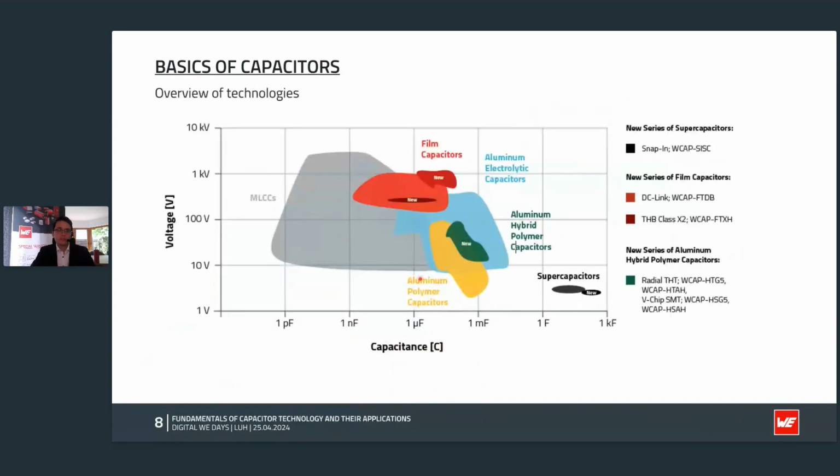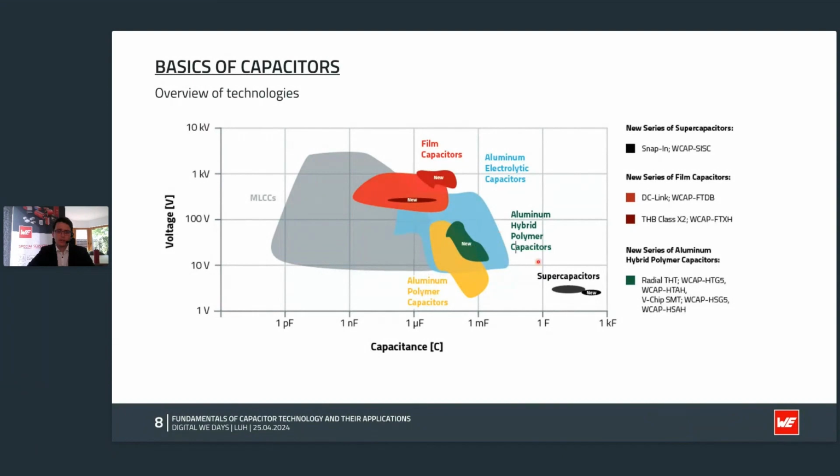So let's talk a little bit about the overview, and to make it more visible, I show it here over the capacitance and the voltage range for the different technologies. And here you can for sure see why MLCCs have the biggest market share, because you can get them with high voltage and low capacitance, and also higher capacitance.